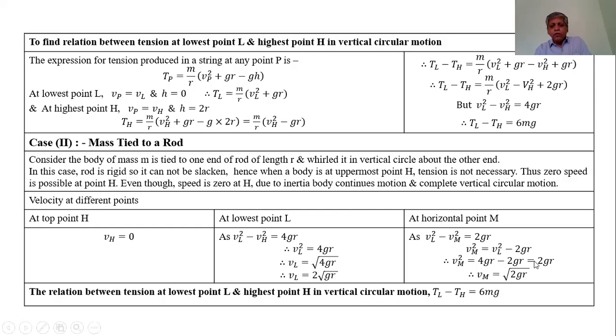Now the speed or velocity at the horizontal positions, M or N, that becomes VL square minus VM square is equal to 2 times GR. How can that be possible? That can be explained by using the relation VL square minus VP square is equal to 2 times GH.